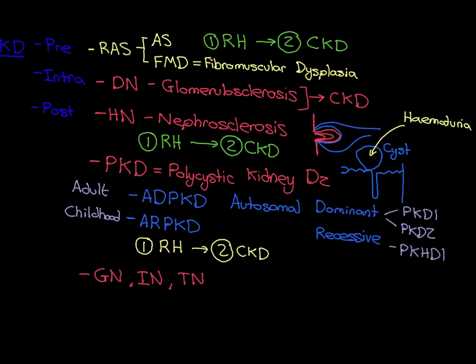If you get chronic hydronephrosis, the high pressure in the renal pelvis and all of that fluid backing up the renal tubules can lead to destruction of those renal tubules and therefore permanent loss of the nephrons and replacement with scar tissue. So chronic hydronephrosis can cause post-renal CKD. And that's it. Those are the causes of CKD.